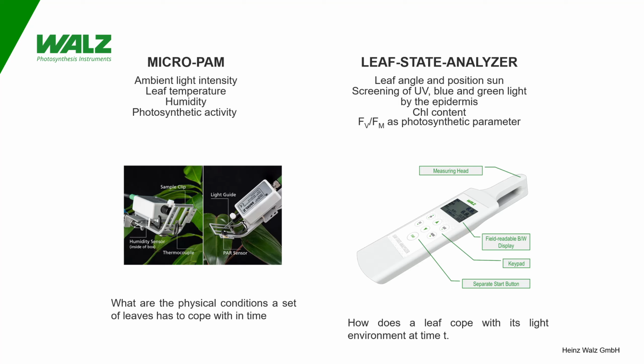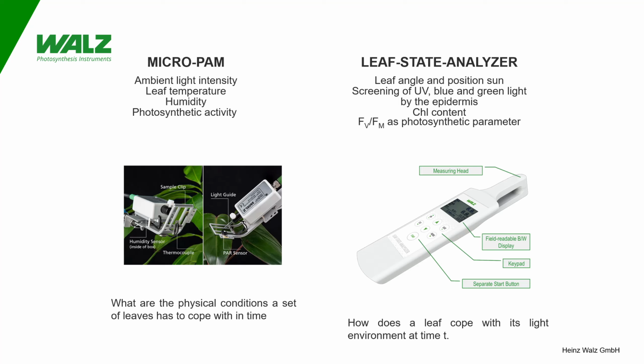To put the Leaf State Analyzer in perspective, I decided to make a comparison between this instrument and the micro-PAM, which is used for monitoring. The micro-PAM monitors not only the photosynthetic activity, but also the ambient light intensity, leaf temperature and humidity.